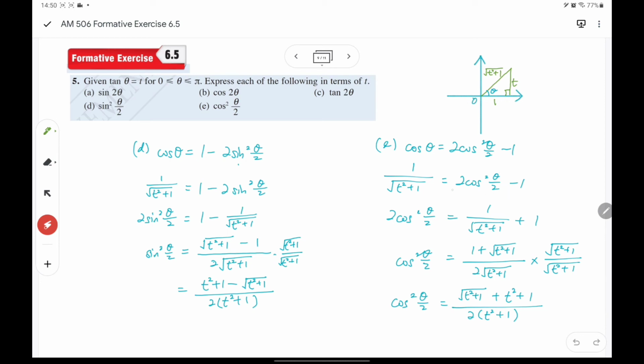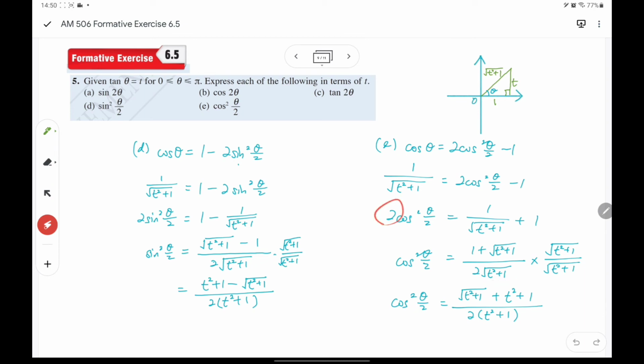If we want cosine square theta over 2, with the 2 in front, we can just move the negative 1 to the left, becoming positive. So 2 times cosine square theta over 2 is 1 over root of t square plus 1 plus 1. After simplifying the two fractions, we have 1 plus root of t square plus 1 over 2 times root of t square plus 1.